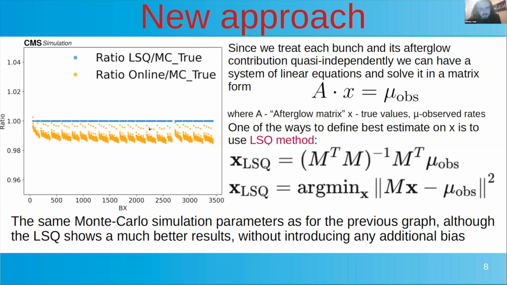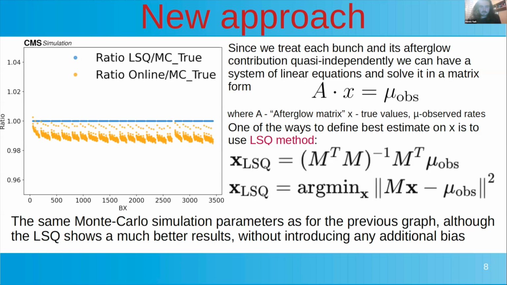As you can see here, we have the same Monte Carlo simulation values, and our online afterglow still has the same overcorrection result. But for our LSQ values, we have the ideal case where all values lie around 1, so we corrected them in the right manner.